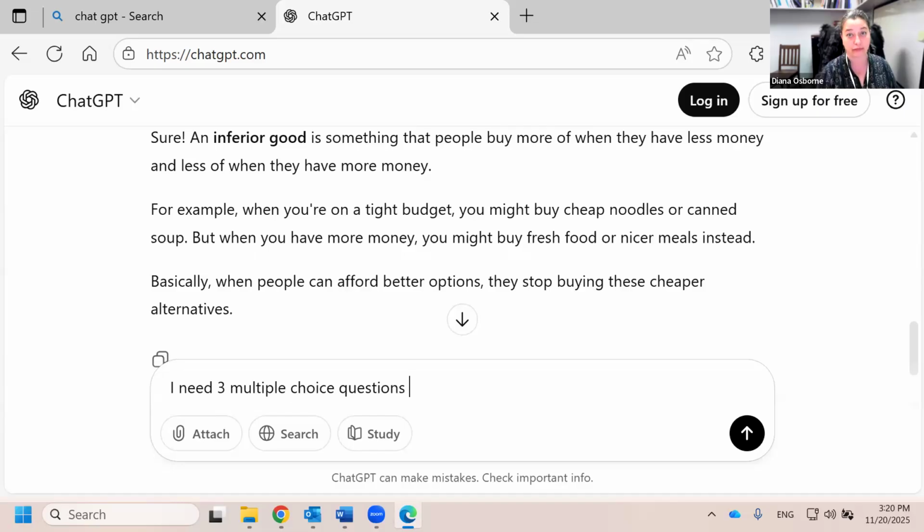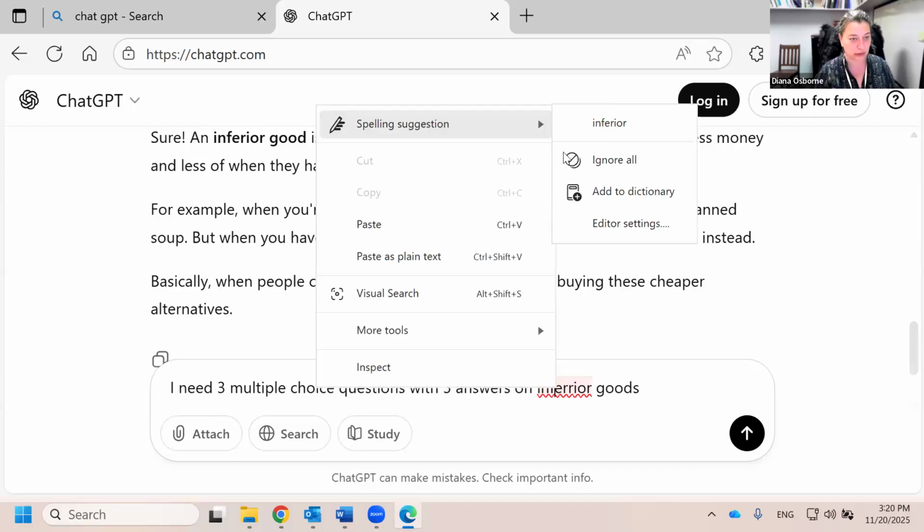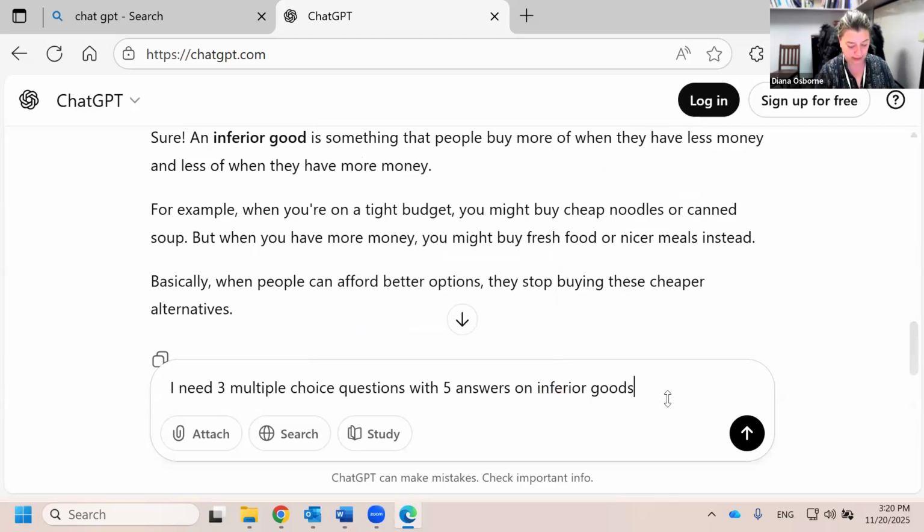We're going to have 5 answers in our multiple choice questions of the final exam, on inferior goods, without answers. Again, the purpose of that is to have ChatGPT come up with questions, which I am then going to answer, and I'm going to test whether I understand the concept or not.